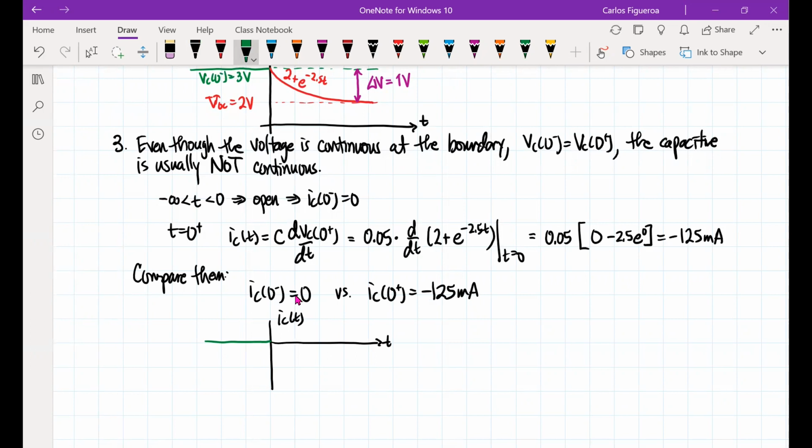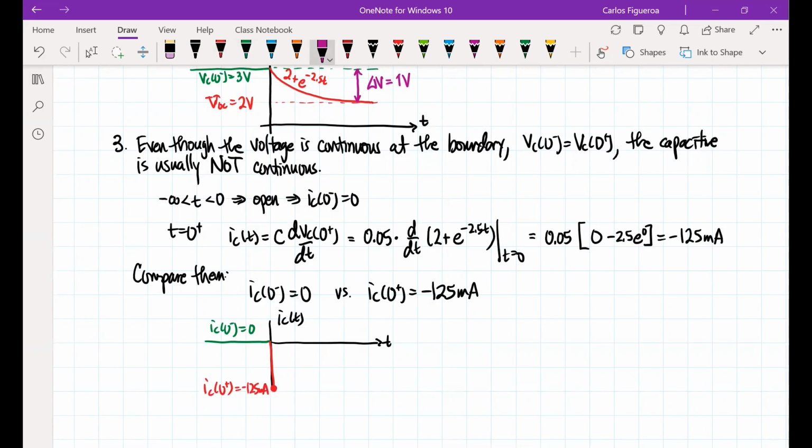When the capacitor is open, this is going to be equal to 0. Now what happens at 0 plus? It jumps all the way down to this point here, which is IC of 0 plus, minus 125 milliamps.